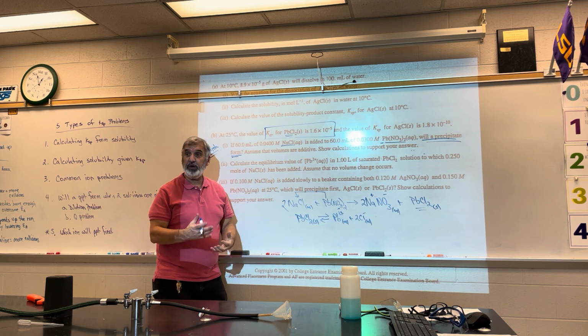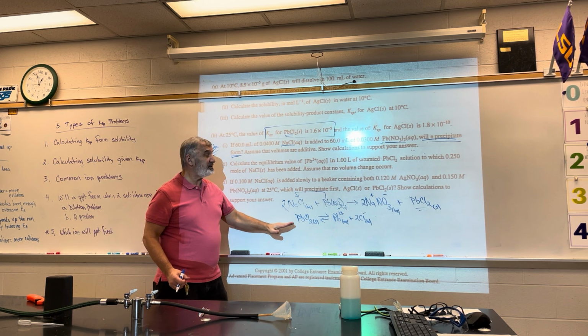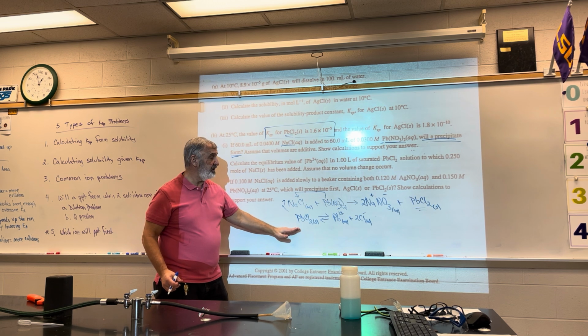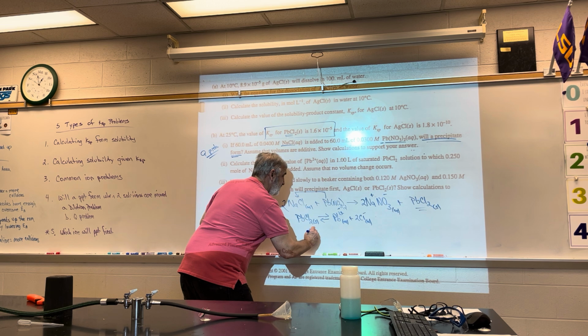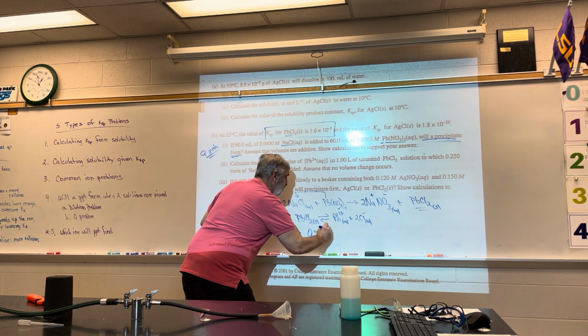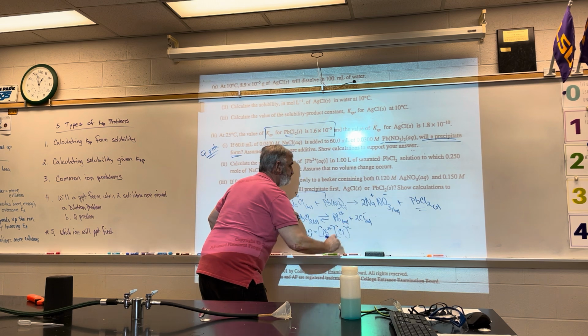And if we add equations together, we multiply the K's. But just so you know, it's always written this way. So now I have to calculate Q, which is going to equal Pb2+ times Cl minus squared.